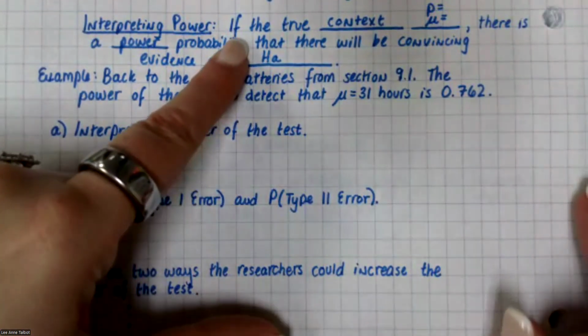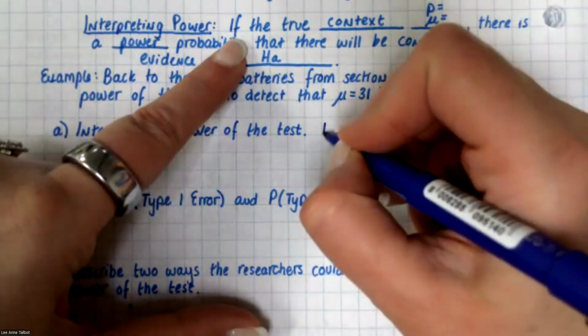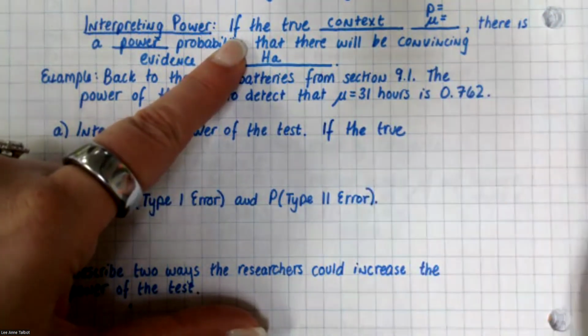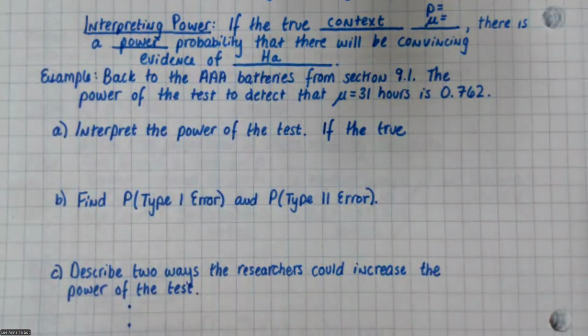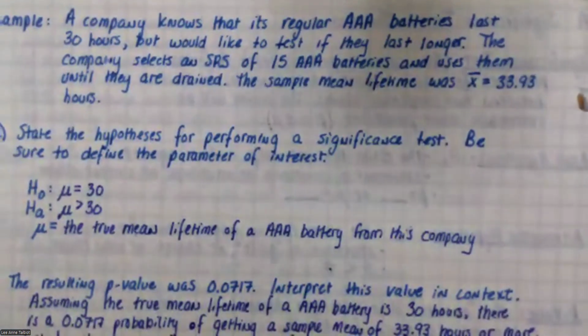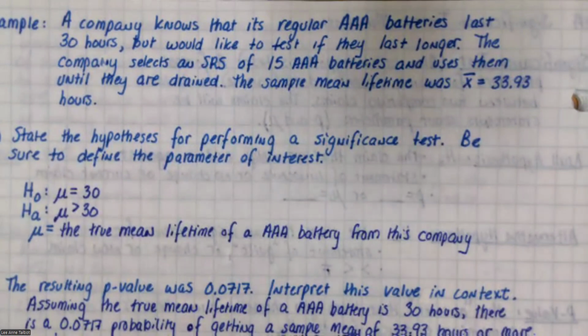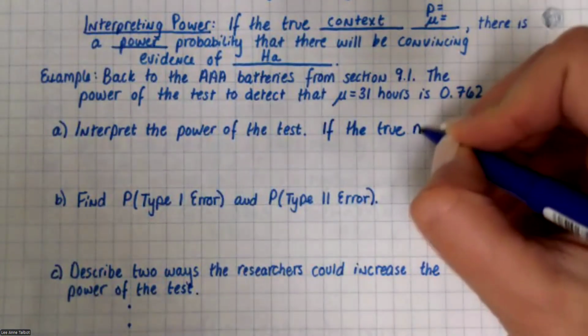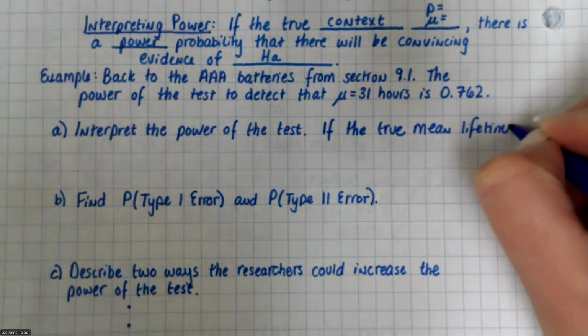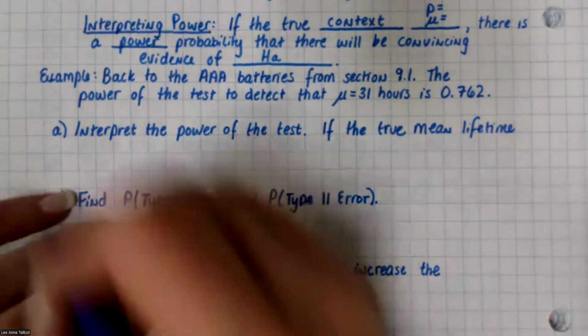So we're going to come up here to my recipe sentence. It says, if the true... Now in this problem right here, are we working with proportions or means? Means, right? And I'm not going to put light bulbs.